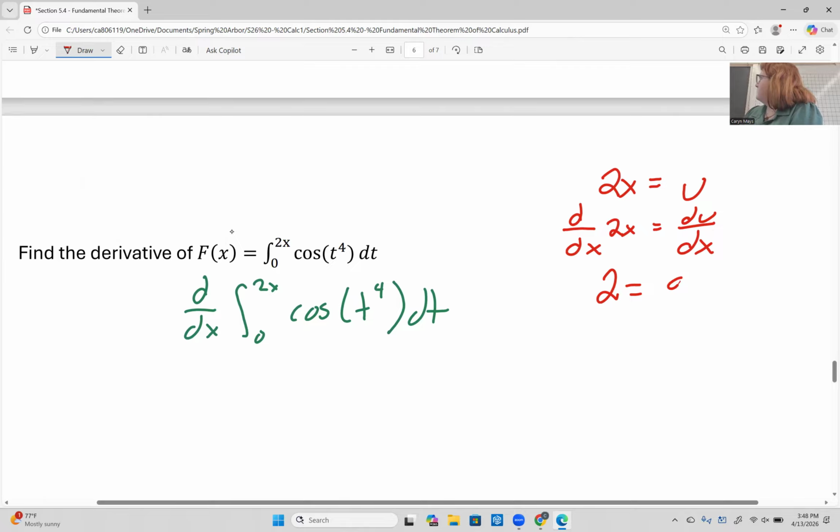So 2 equals du dx. This isn't really a fraction, but a lot of times we treat it as a fraction. I could technically split this and say 2 of something over du, dividing by du on both sides, equals dx.